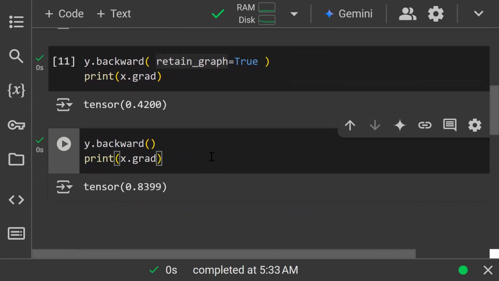Okay. Now, do you guys find anything crazy though? What is that? Yeah, the value is not the same. What just happened?